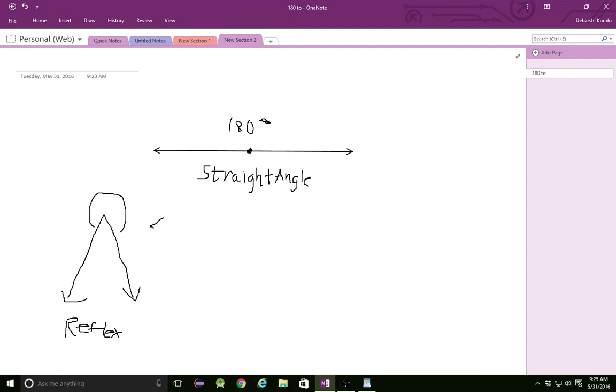So it's greater than 180 and less than 360 degrees.